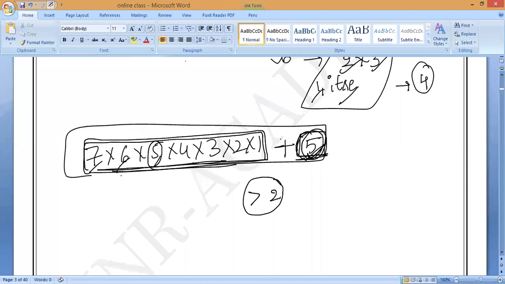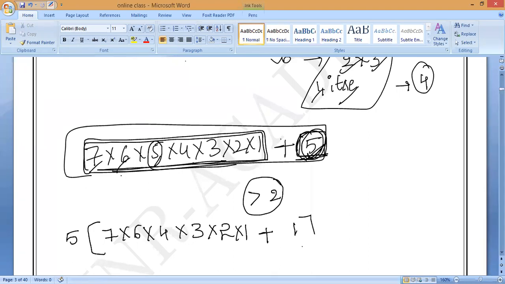All of you understood? 5 is common, remaining 7 into 6 into 4 into 3 into 2 into 1. Correct? Plus 5 into 5 ones are 5. Plus 1.